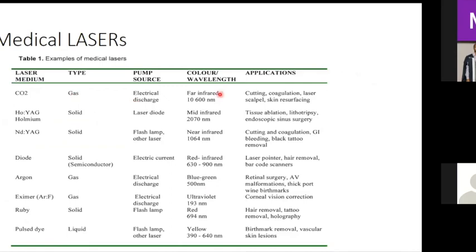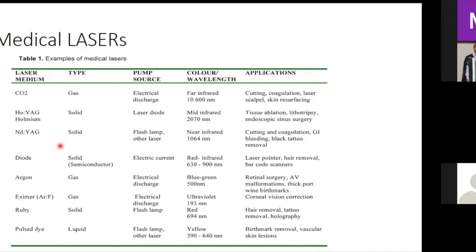It's used for cutting, coagulation, and also for skin resurfacing. And then the holmium YAG laser is solid, and the source of energy is another laser. It's usually used for tissue ablation, lithotripsy, for example for kidney stones, and also for endoscopic sinus surgery.